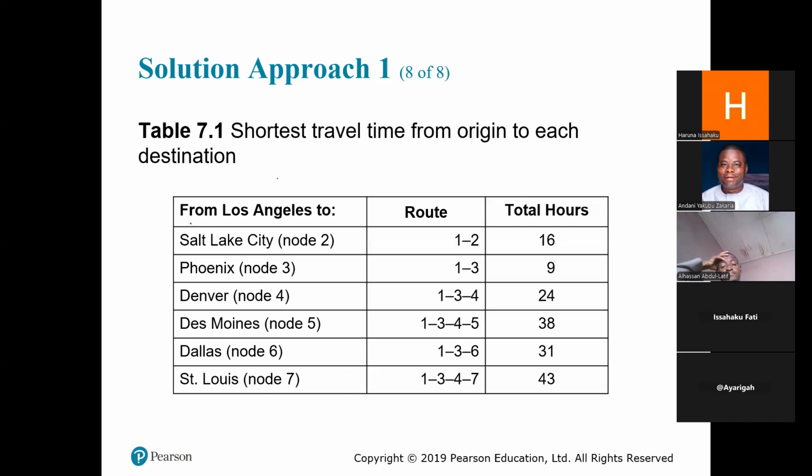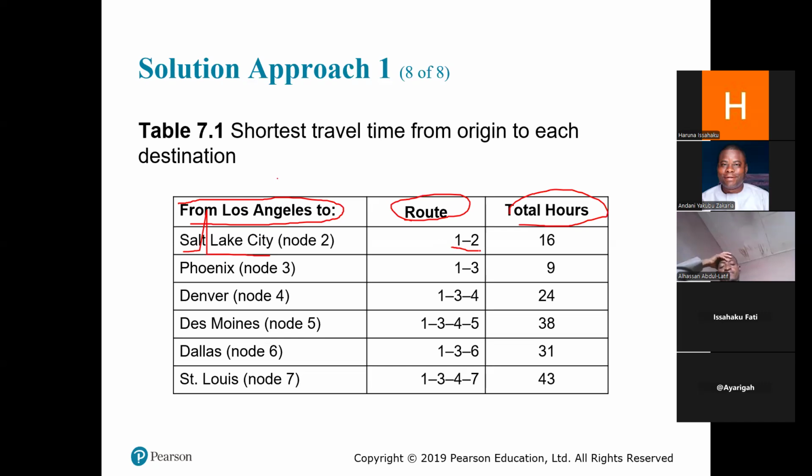See that the origin is Los Angeles. The route will tell you the branch, then the total time that you travel. So if a truck is moving from Los Angeles to Salt Lake City, then the recommended route is for it to follow what?